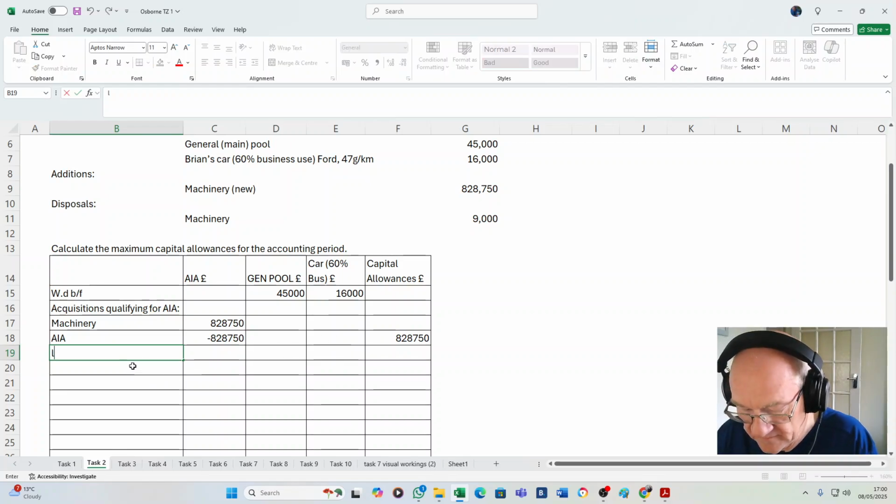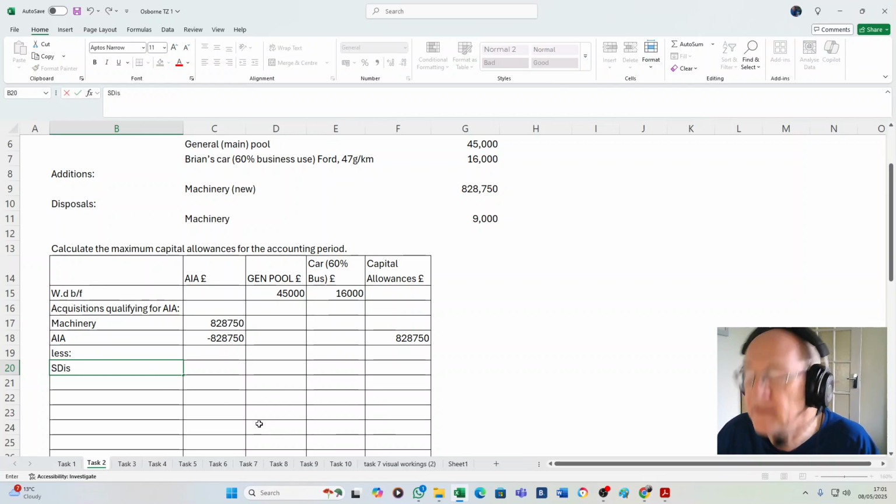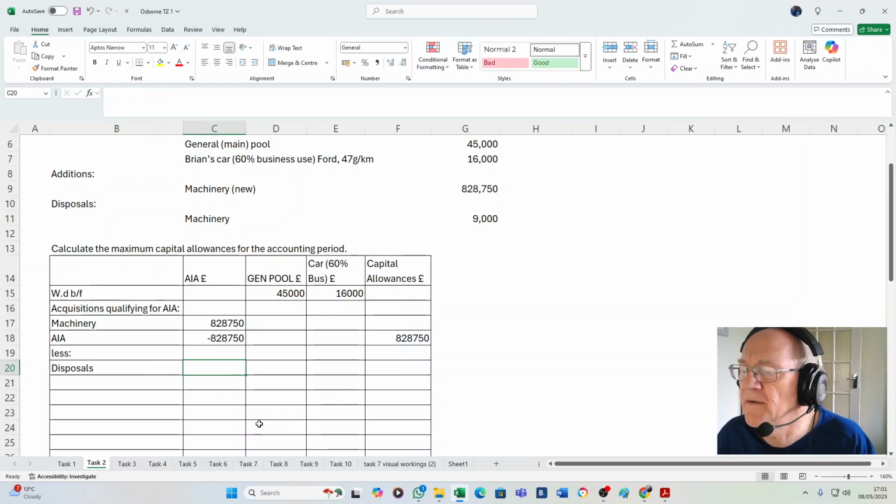Right, so there's no more acquisition, so the next bit will be disposals, because the capital allowance is calculated after the disposal. If you put the disposals after you've calculated capital allowances, you could potentially come to the same right number, but it'll look a bit of a mess.